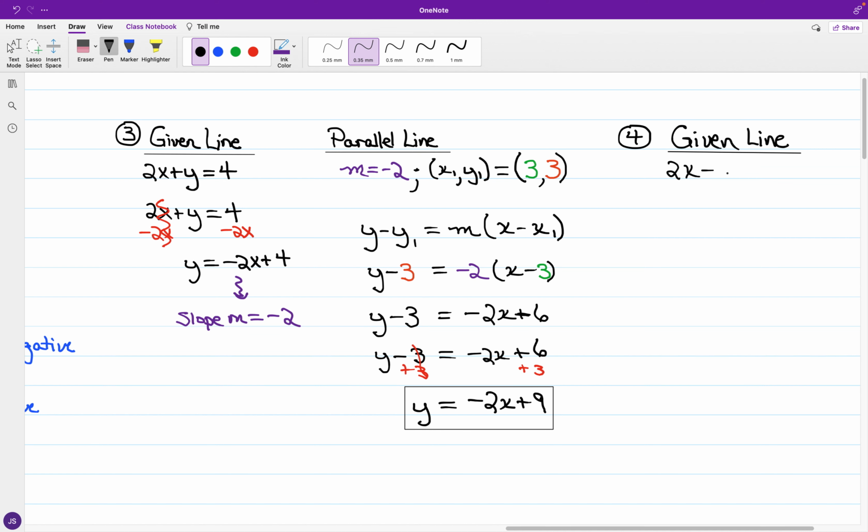So 2x minus y is equal to 4, and I want to find out just what the slope of this line is going to be. If I rewrite this equation in terms of the slope-intercept layout, I'll be able to get to the slope.